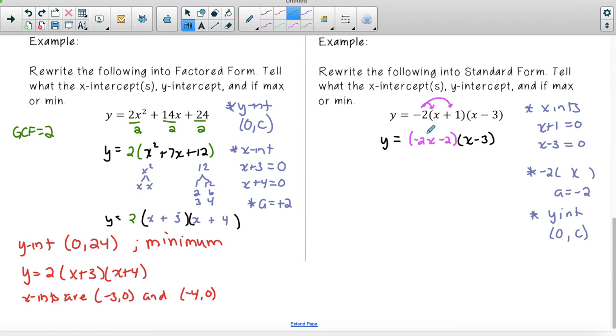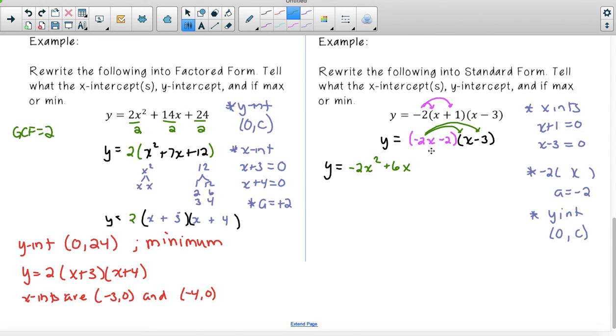We're going to take this negative 2x and multiply it to the x and to that negative 3. So y equals negative 2x times x is negative 2x squared with no parentheses because we are distributing all throughout the parentheses. And then we have negative 2x times negative 3, which is a positive 6x.